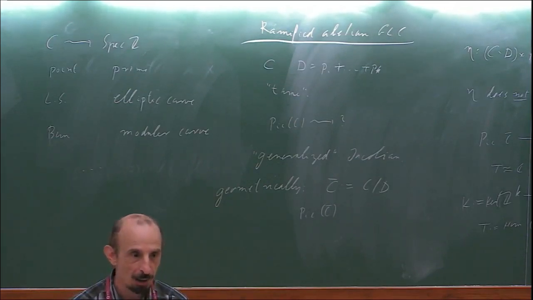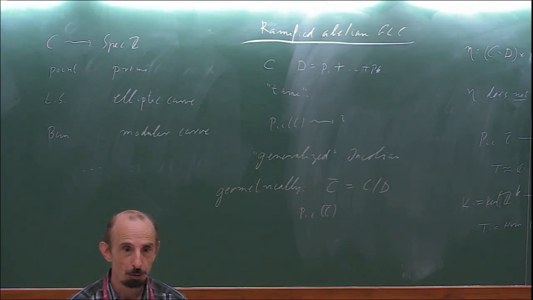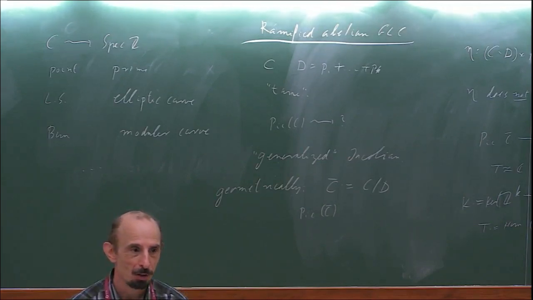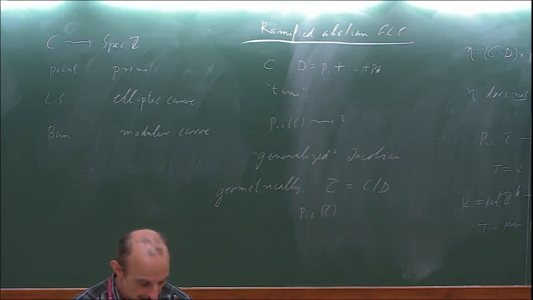And then I will try to outline in some detail a program for trying to prove the geometric Langlands conjecture in general, basically by twisting it through the non-abelian Hodge correspondence.